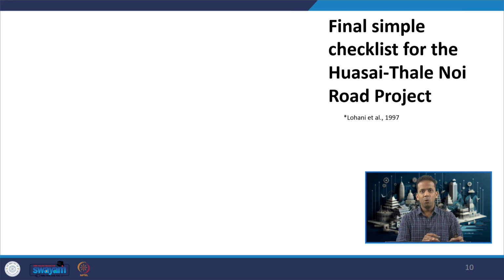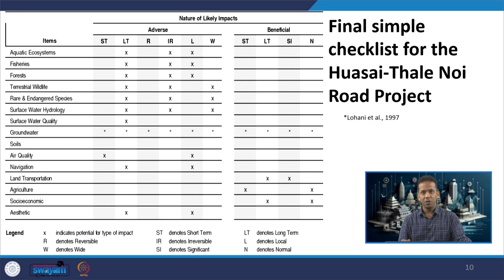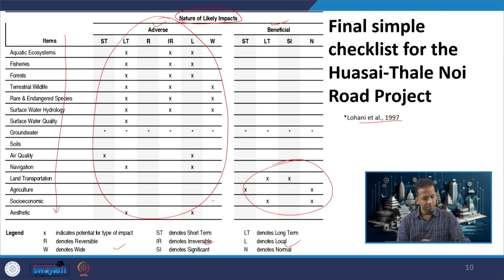So, these are some rows and some columns which I have explained, but the final simple checklist for this project as per the study by Lohani, it looked like this. So, here you have nature of likely impacts, adverse, beneficial. Here you have a list of all the items that would get impacted by that project. All the short forms, abbreviations are written here, okay. And you can see most of the impacts are adverse and some of the impacts are beneficial.